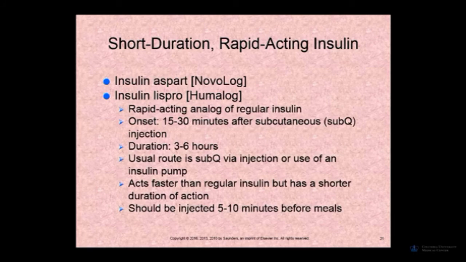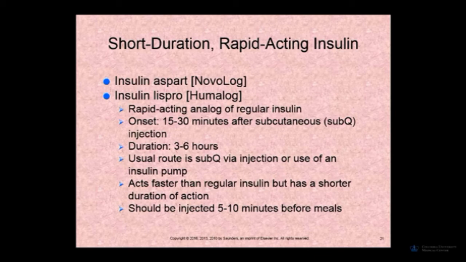Other rapid-acting insulins, aspart, also has a 15 to 30-minute onset. Insulin is generally given parenterally and most commonly through sub-Q injection. Duration, 3 to 6 hours. Usual route is sub-Q.